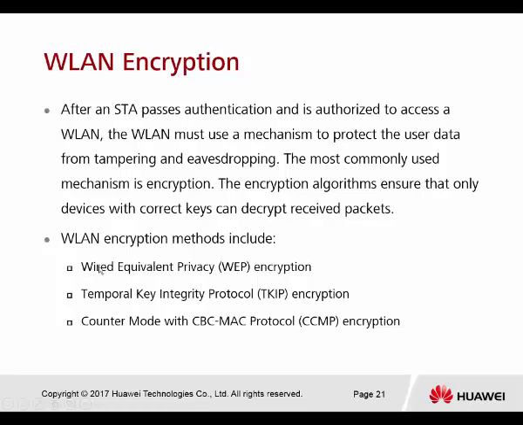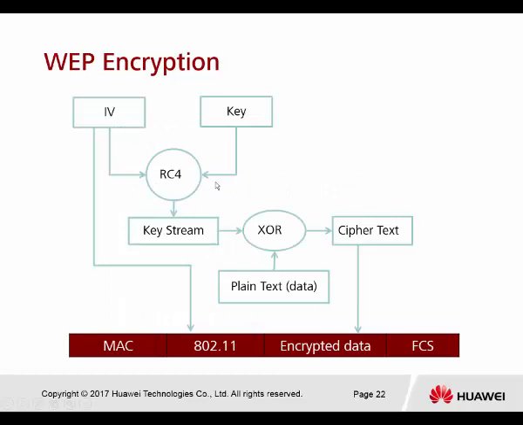The WLAN encryption methods include WEP encryption, TKIP encryption, and also CCMP. This one will be the process for WEP encryption. It's very simple. WEP uses the IV with the key. For example, this is the key that we enter, like Huawei123.